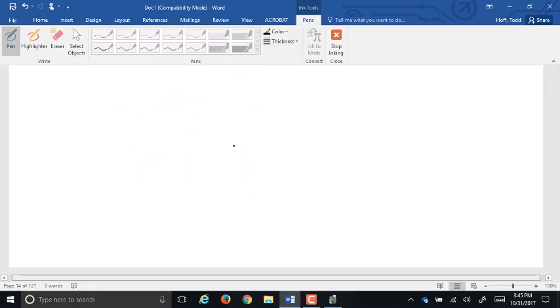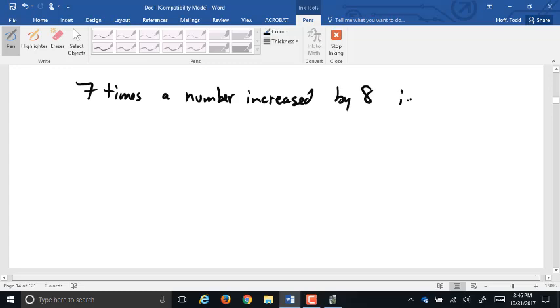Okay, so we've solved some pretty tough equations. Let's review working with them. For example, we can run into something simple like 7 times a number increased by 8 is 43.